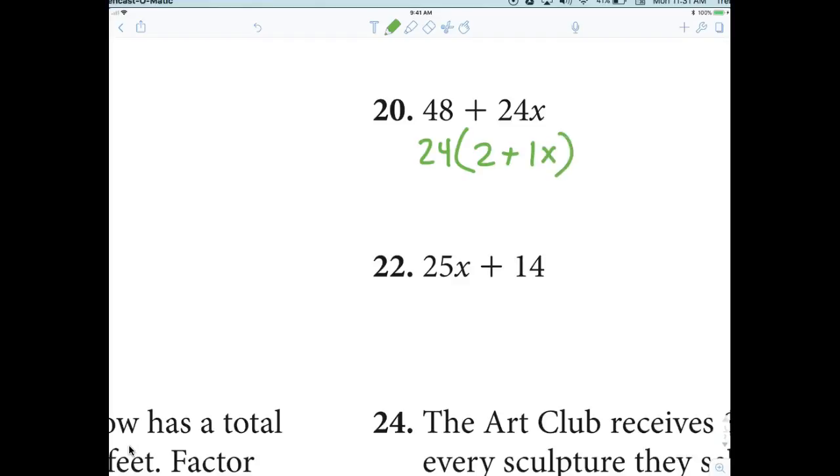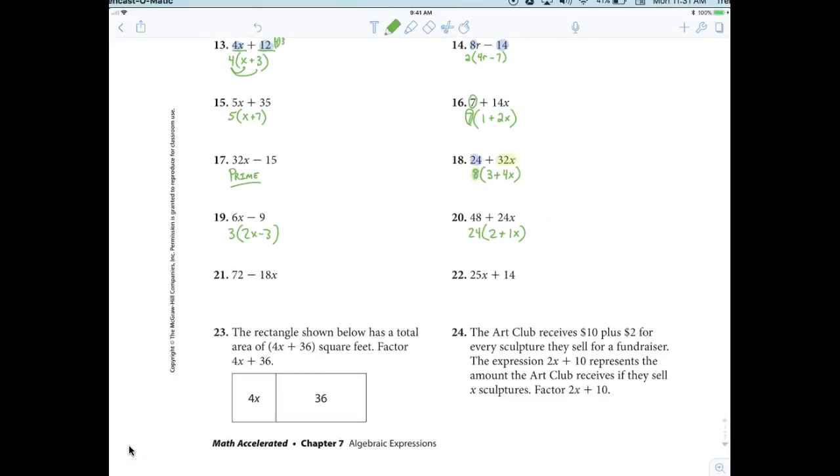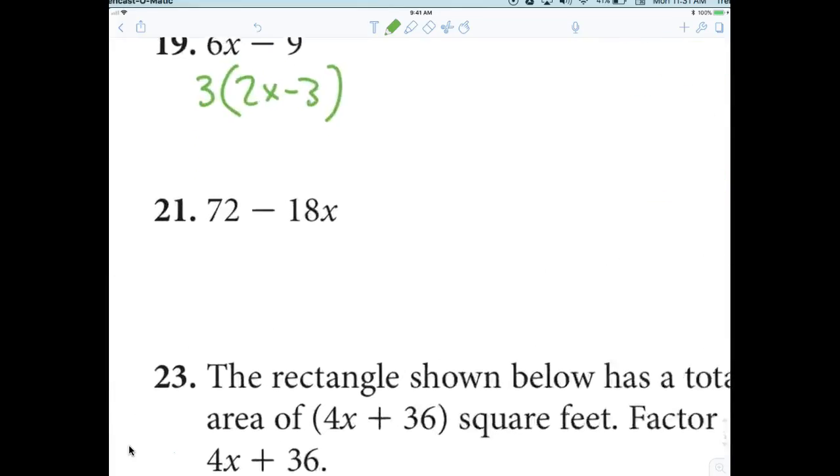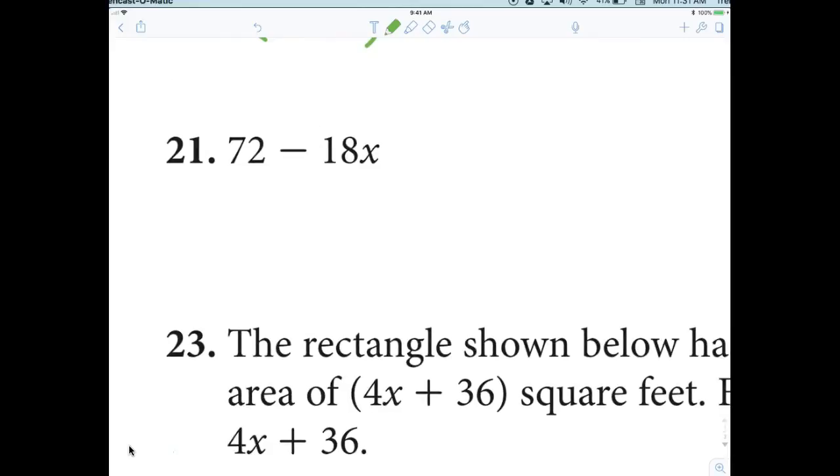Now you could put 1x, but he knows it's not necessary to put a 1. I just do that for instance. Any questions with 24 open parentheses 2 plus x? All right, here we go. Let's take a look at 72.